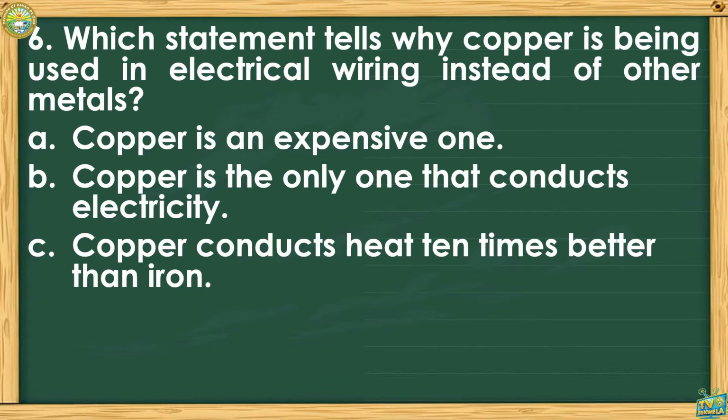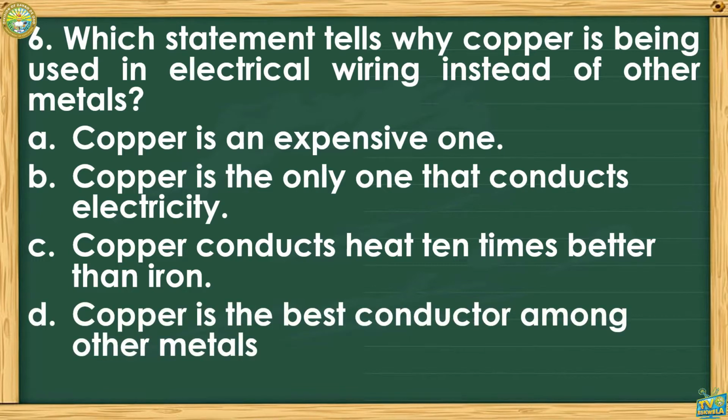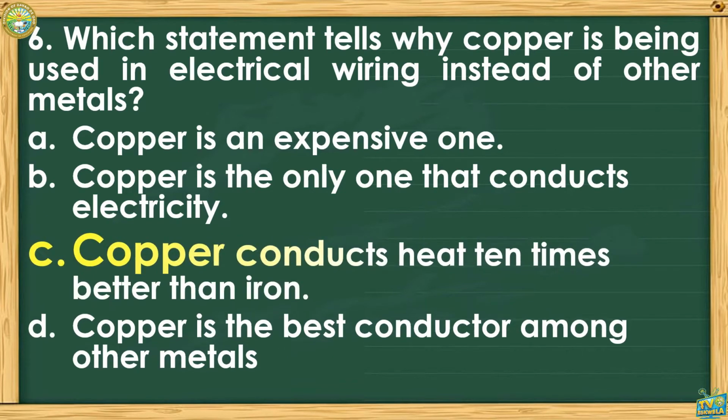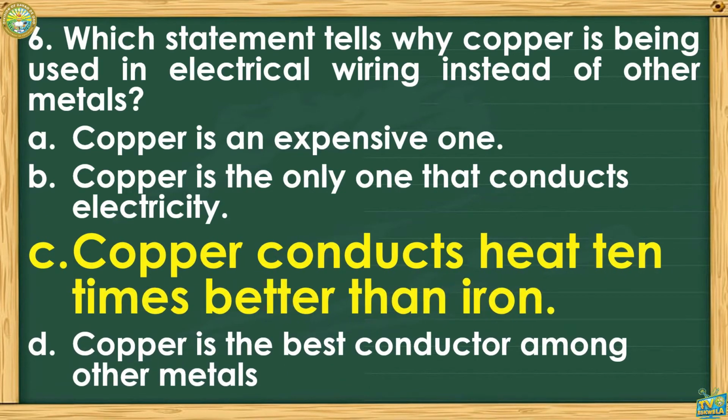C. Copper conducts heat 10 times better than iron. D. Copper is the best conductor among other metals. The correct answer is letter C. Copper conducts heat 10 times better than iron.